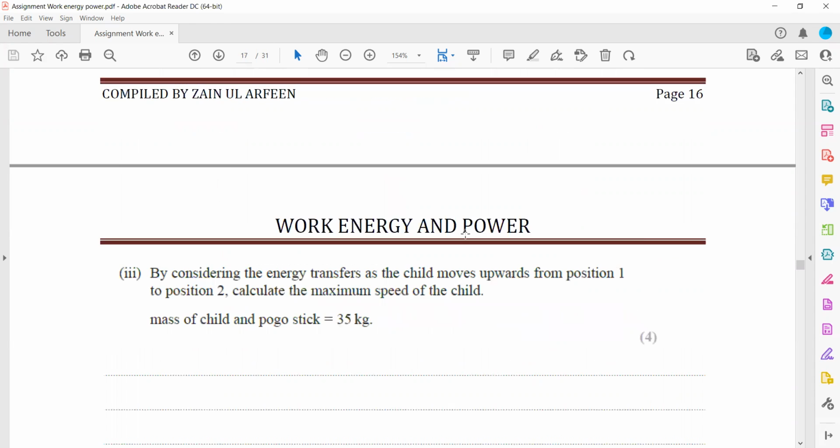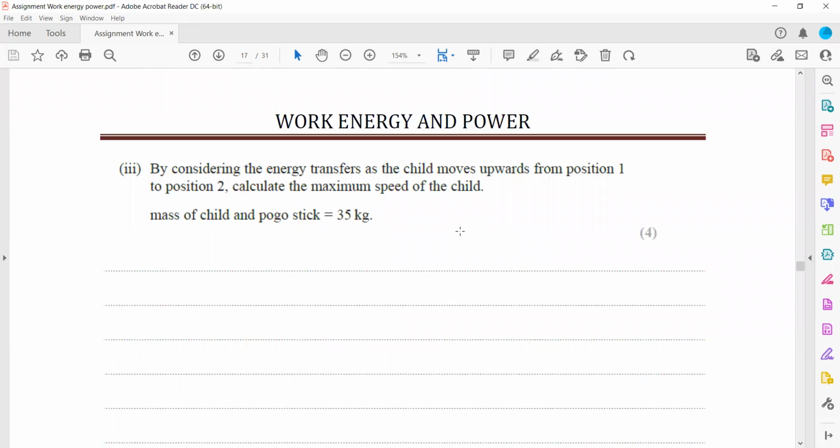The next part: by considering the energy transfer as the child moves upward from position 1 to 2, calculate the maximum speed. As we want to calculate the maximum speed, the total energy, the work done by the child on the spring, is equal to potential plus kinetic.